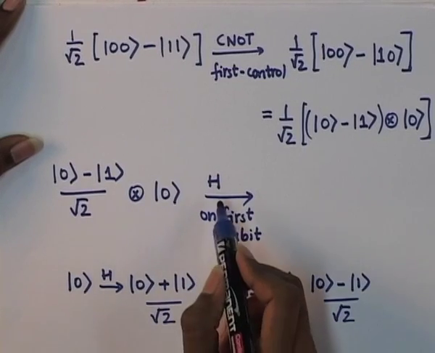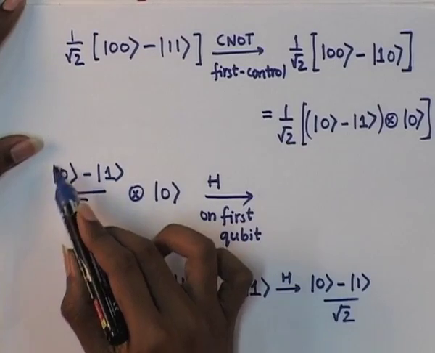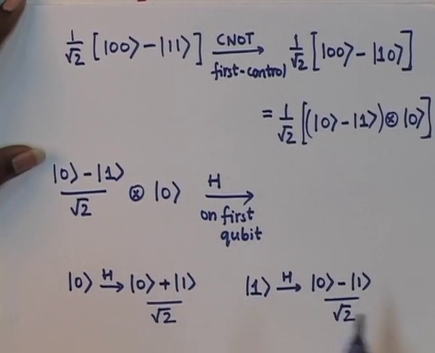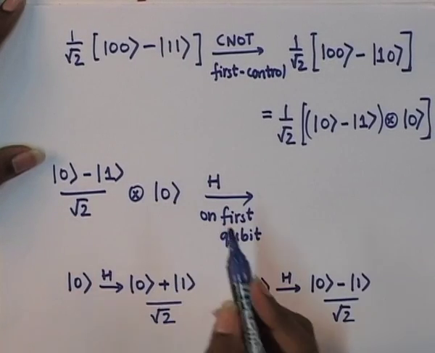So effectively applying Hadamard gate on this state is subtracting these two from each other and multiplying with 1 by square root 2 term.